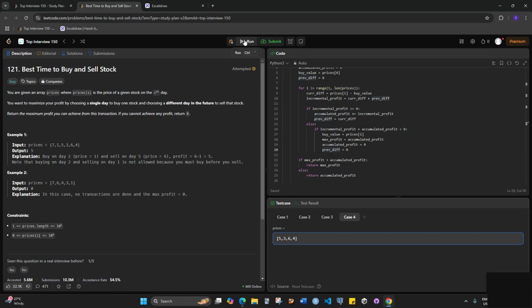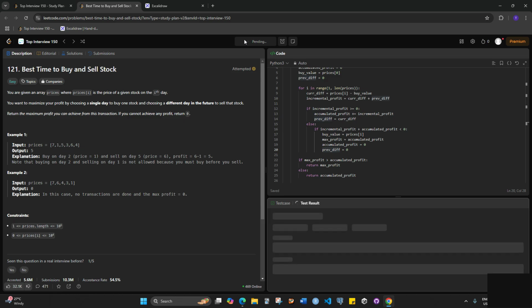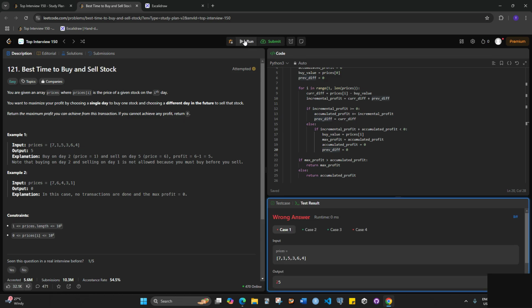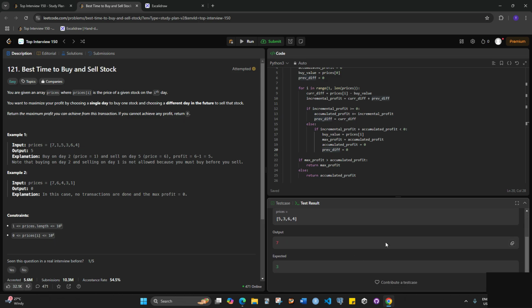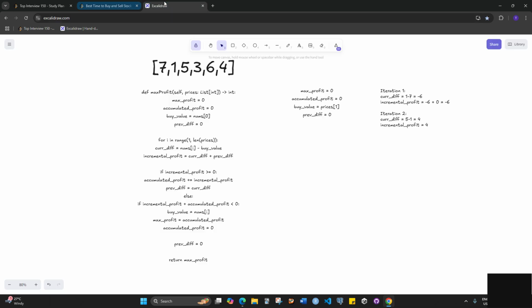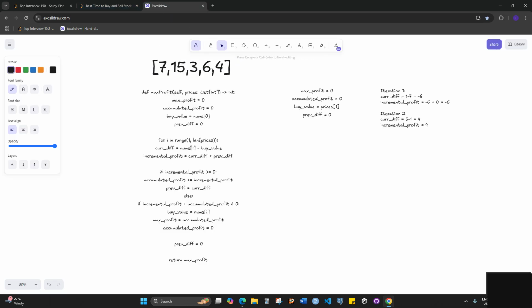Run this test case. So here the profit should just be 3. How do I get a profit of 7? What the heck happened here? So this is just plus 3. Oh my god. Why is this taking so long?